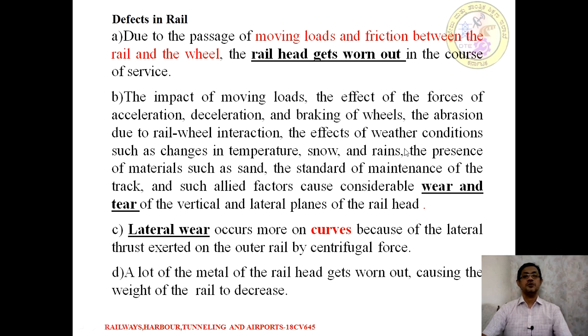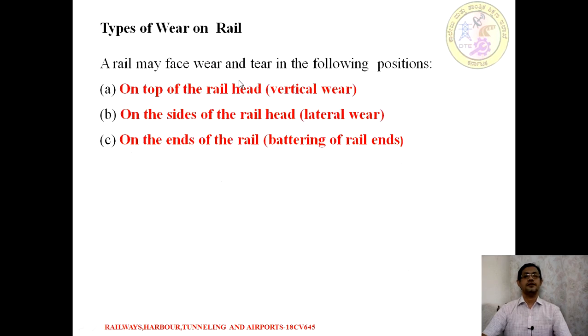Then the weather conditions and maintenance conditions are also accountable for wear and tear in the vertical plane. Lateral wear is due to the curves. All these are accountable as defects in rails.